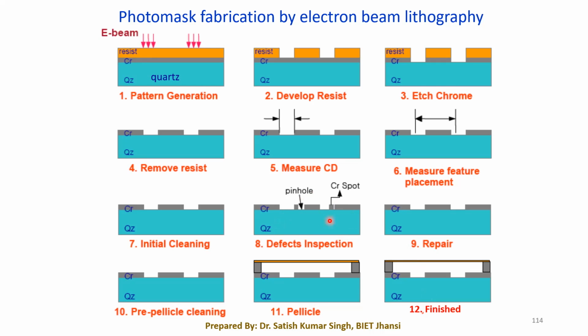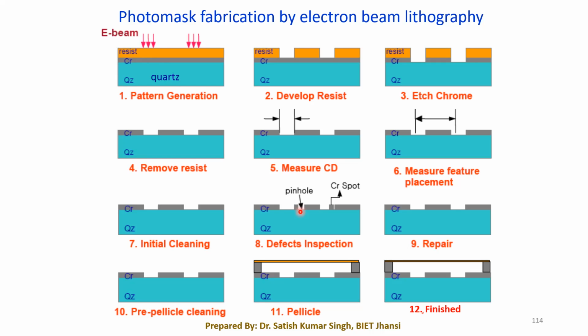Defects have a width of 5 nanometers or 10 nanometers or 20 nanometers. This size is very small, and inspecting such defects is very difficult.